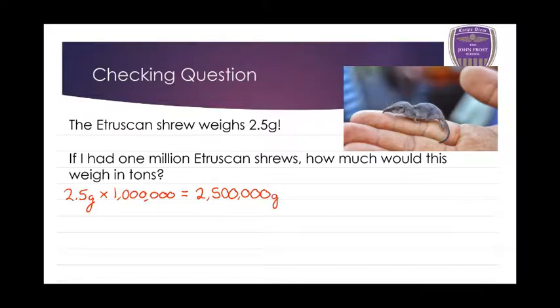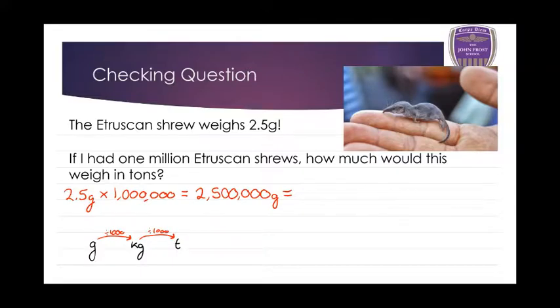So now I want to convert this weight into tons, okay? How do I convert from grams to tons again? Well, if we remember back at the flowchart we drew when we talked about the challenge question, from grams to kilos to tons, we knew that to convert from grams to kilos, we had to divide by 1,000, and from kilos to tons, we had to divide by 1,000 again.